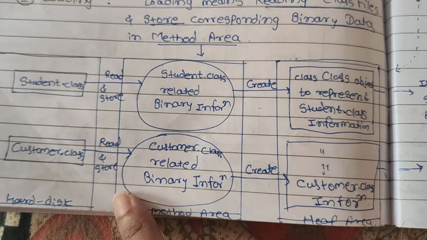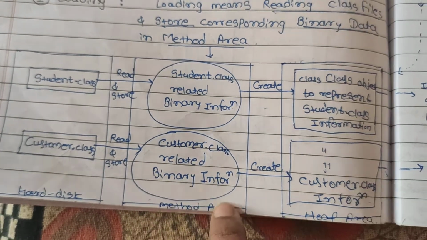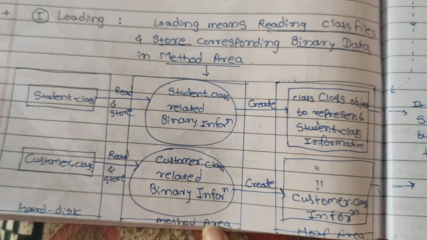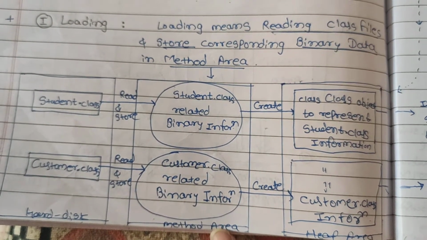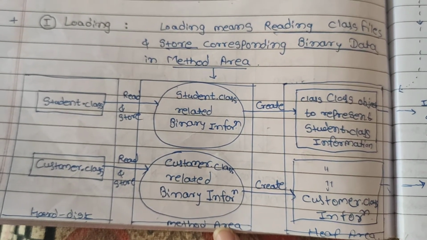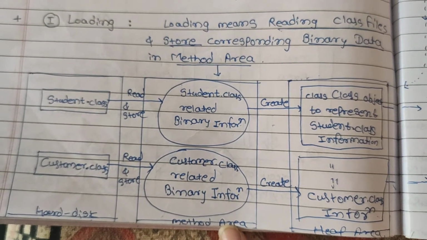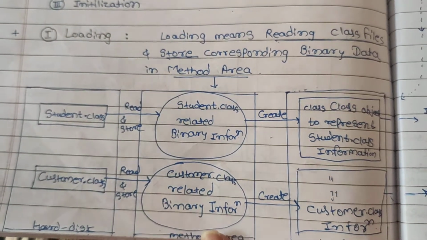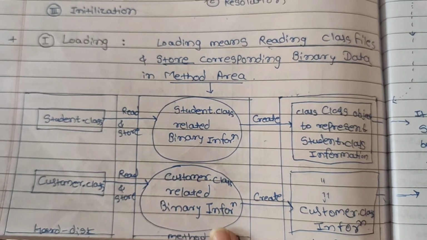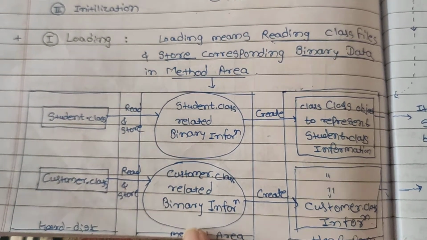First it will read and load the class file related binary information into the method area. That binary information is the name of the loaded class, the qualified name of its immediate parent class, whether the .class file is related to a class or interface, the modifiers information, the variable information, the methods information. All this will be read and stored here.